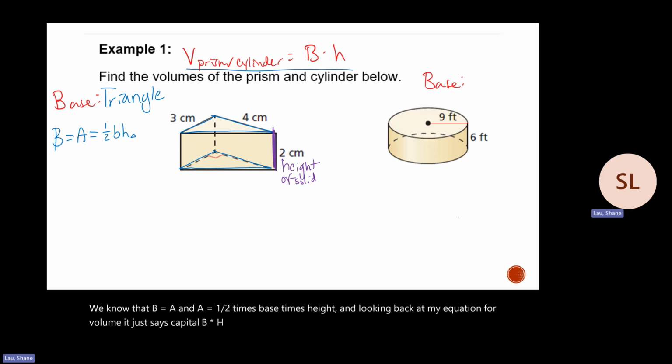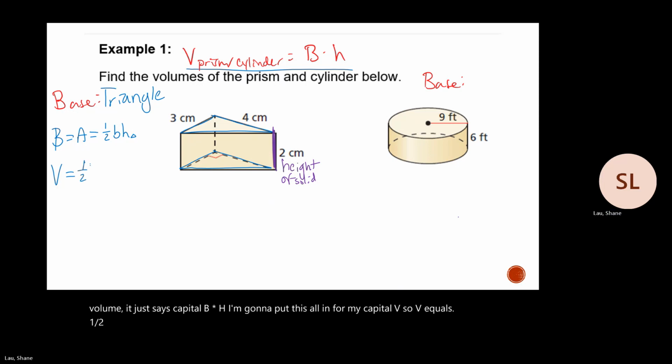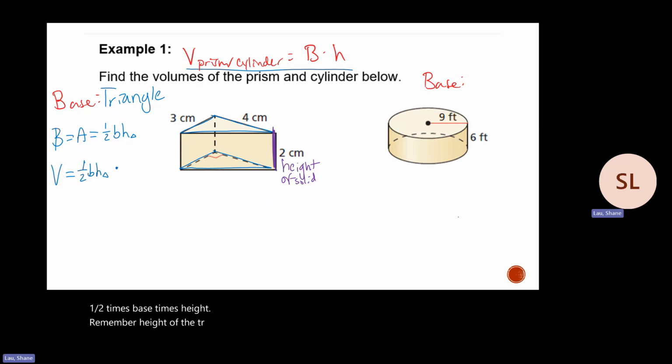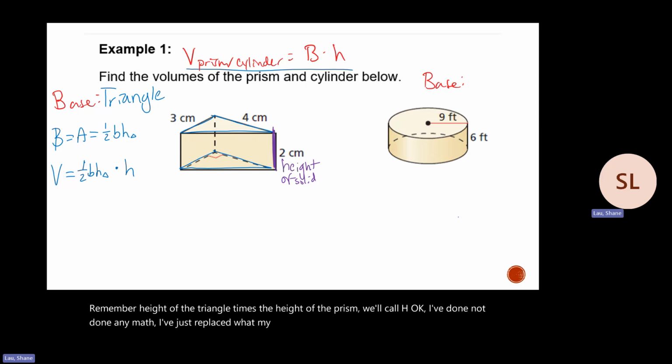I'm going to put this all in for my capital V. So V equals 1/2 times base times height, remembering the height of the triangle, times the height of the prism, which we'll call H. I've not done any math, I've just replaced capital B with the area of the triangle.